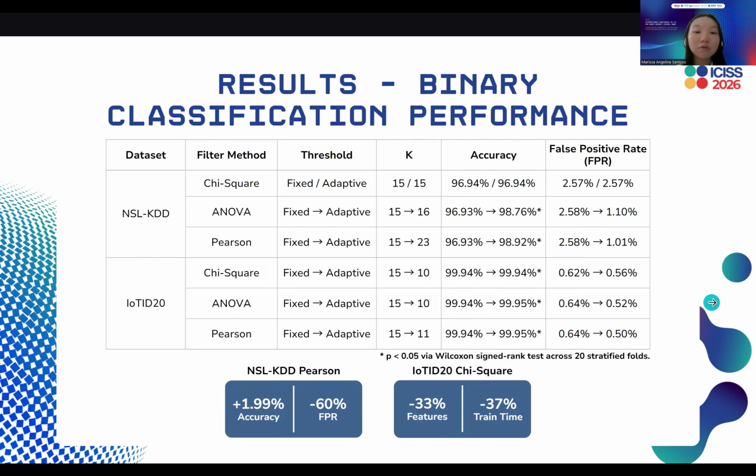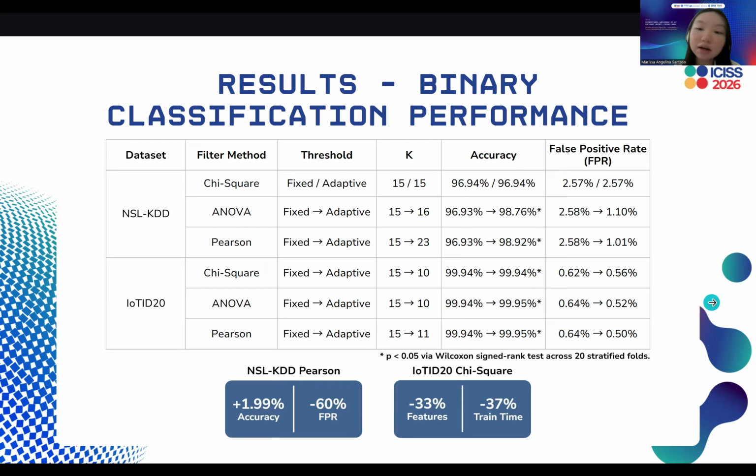With ANOVA going from fixed 15 to adaptive K of 16, accuracy was raised from 96.93 to 98.76, and the false positive rate was cut from 2.58% down to 1.10.